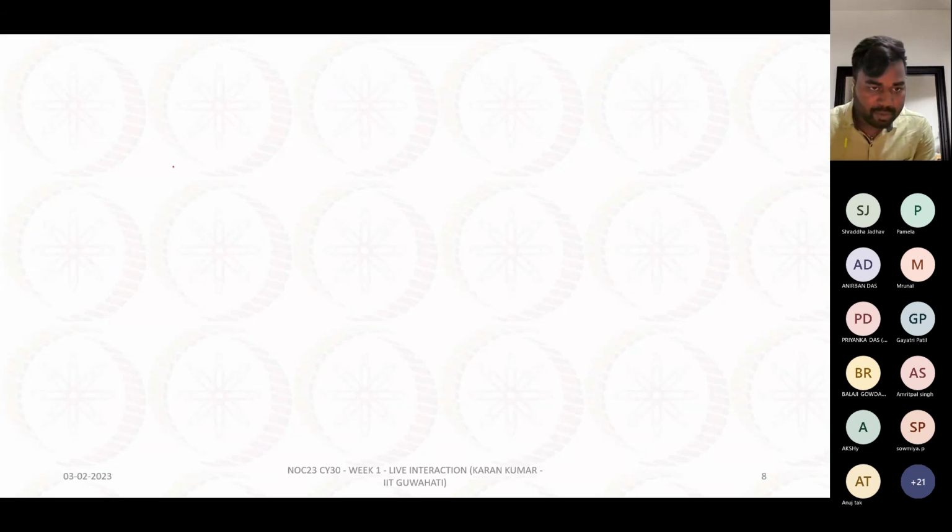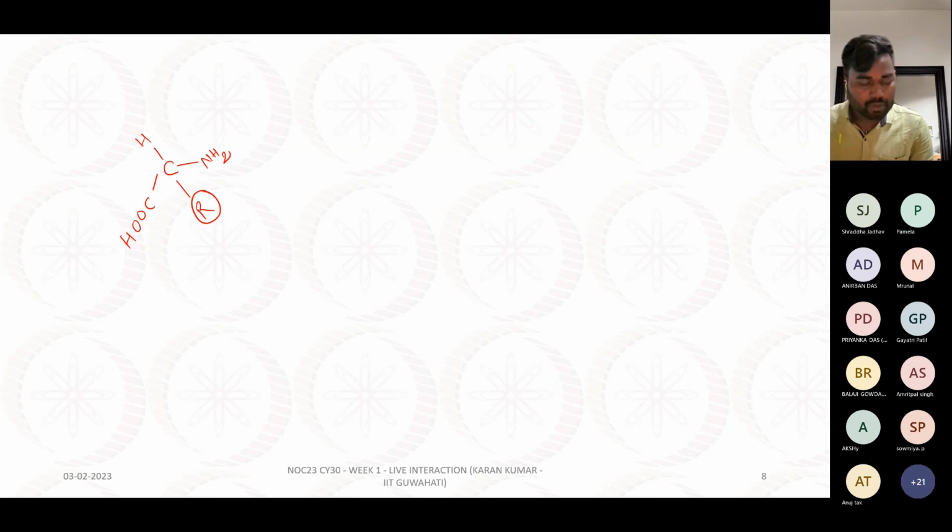The common things in amino acids are the amino terminal, they have an amino group NH2, they have a carboxylic group, they have hydrogen, and the only difference is the R group, right? To identify a peptide chain, these three things will be common to all kinds of amino acids. Whatever the amino acid, in all 20 types, these three will be common.